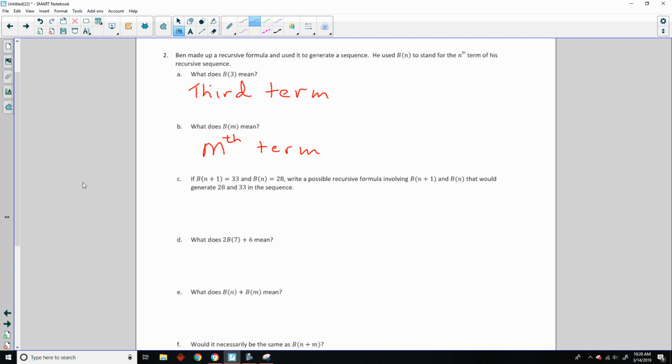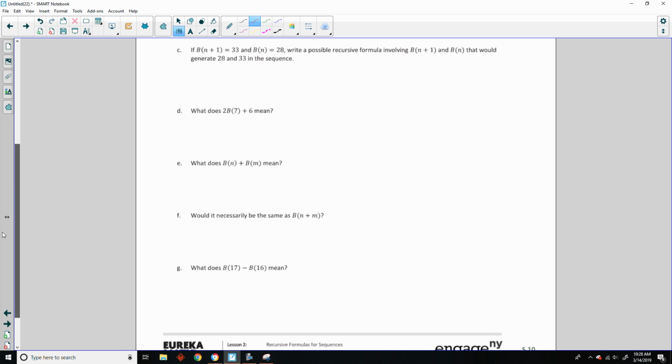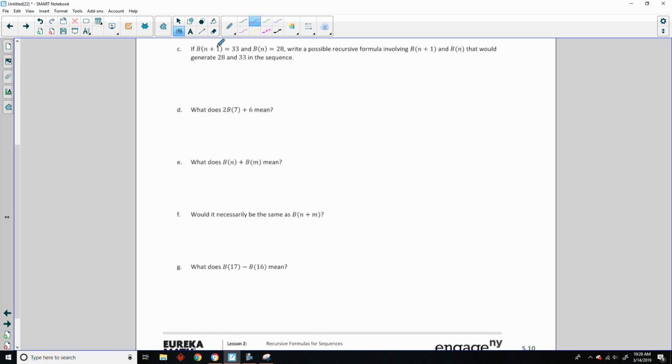Part C says, if b of n plus 1 equals 33 and b of n equals 28, write a possible recursive formula involving b of n plus 1 and b of n that would generate 28 and 33 in the sequence. Okay, there's probably multiple answers to this, but we're going to stick to arithmetic.